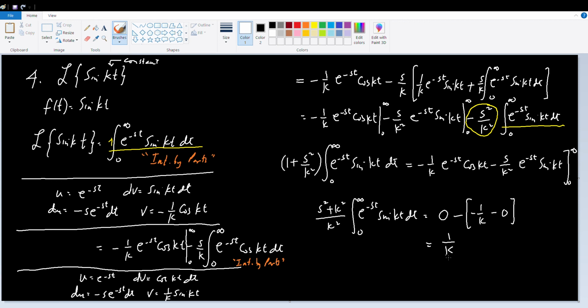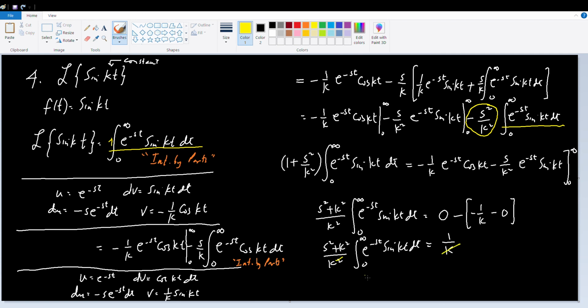Alright, so 1 over k equals s squared plus k squared over k squared integral of e to the negative st sine kt dt from 0 to infinity. We can cancel k and 1 over k.